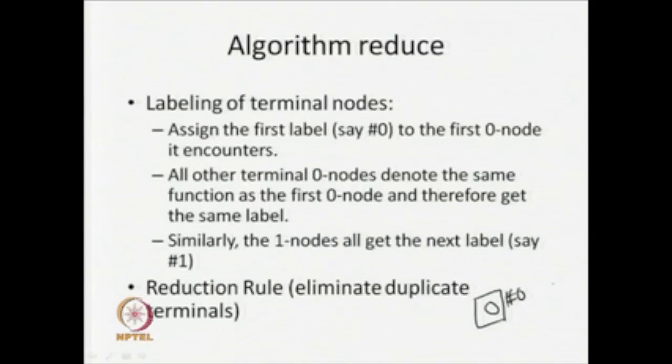And similarly, we have terminal nodes which are labeled with 1, and we are going to assign label 1 to those nodes. So, if we are having more 0 nodes, we are going to give the same label to those 0 nodes, and always we are going to give label 0.